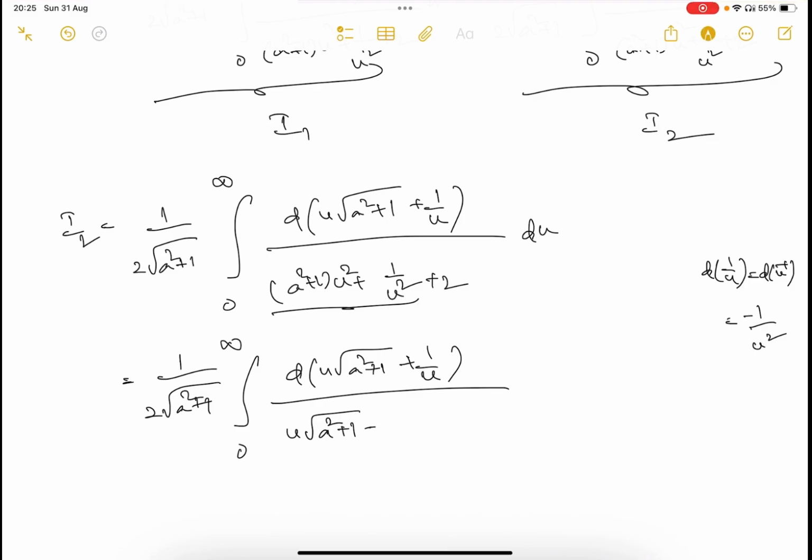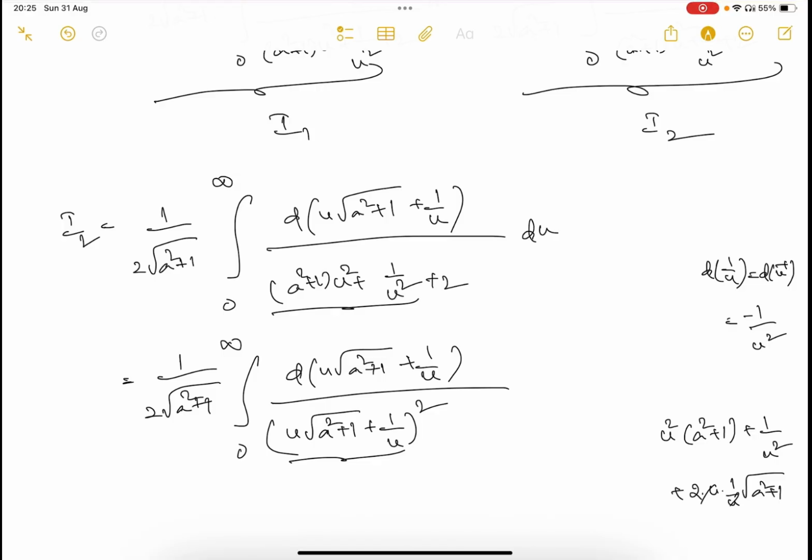How will you write this? Plus 1 by u, whole square. Then let's try to expand this. This denominator part here will be u square into a square plus 1, right? Plus 1 by u square plus 2 into u into 1 by u into root of a square plus 1.